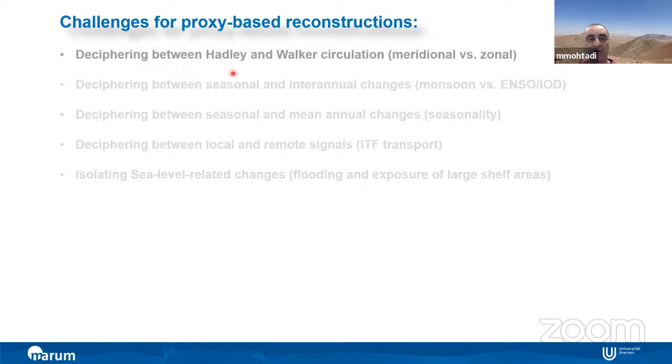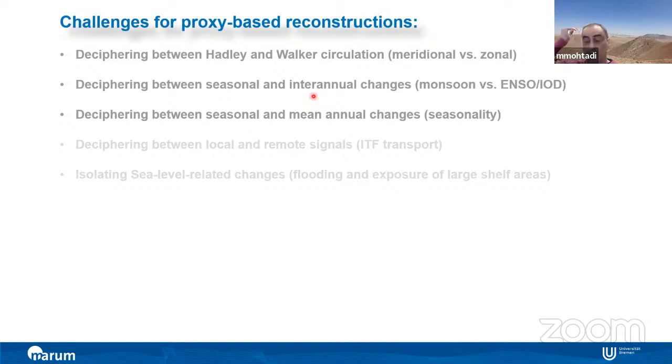It's basically deciphering between Hadley and water circulation, because they leave more or less similar fingerprints, signatures in the proxy data, and between the seasonal and interannual changes, which means between monsoon and those other climate features, and respectively between seasonal and mean annual changes, so the seasonality. Unless you have archives like corals that resolve climate on, say, a seasonal scale, you won't be able to do that just by model or just by the proxy data.